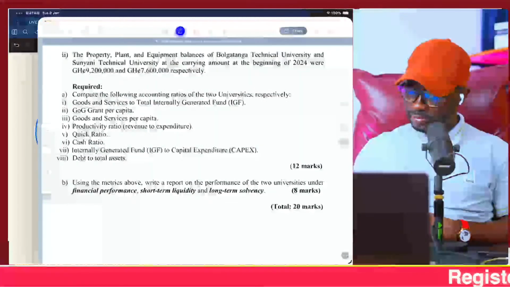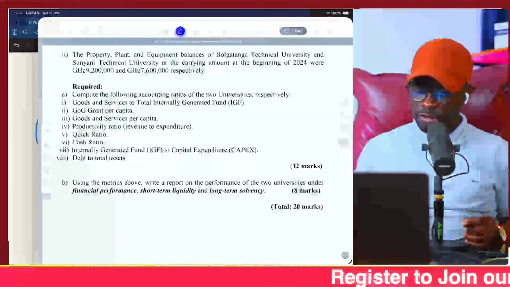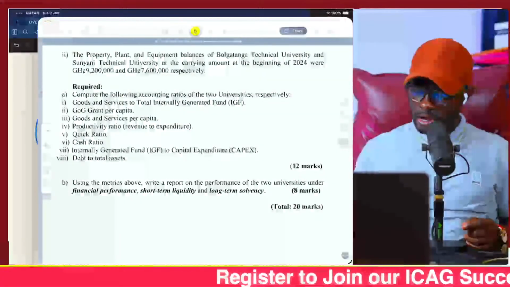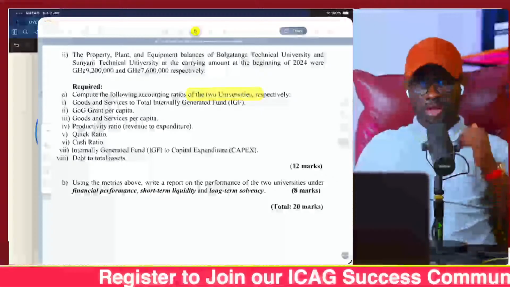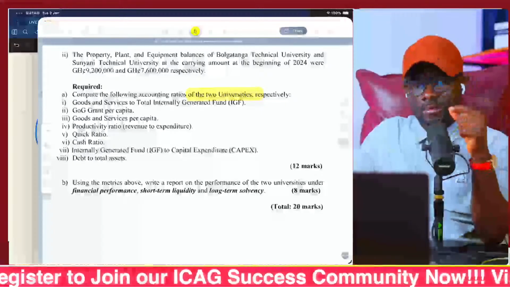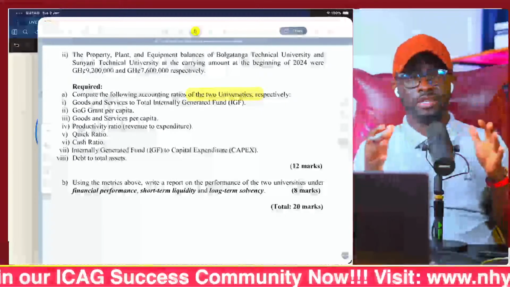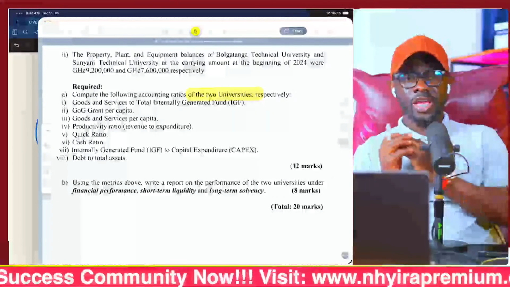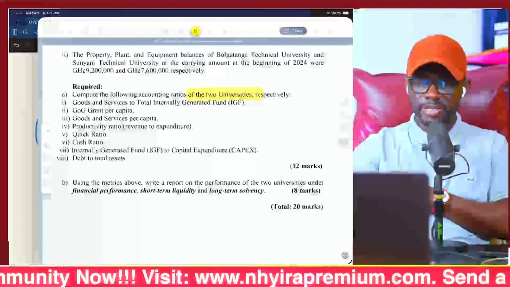A, it says, compute the following accounting ratios of the two universities. Okay, so it means that the basis of comparison here is two different entities. If we are comparing two different entities, what does that mean?